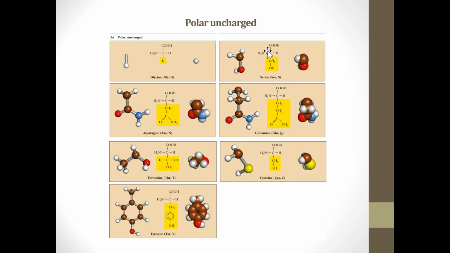Moving on to the polar uncharged category. We put glycine often in the polar uncharged category because it does have a net dipole, which is pretty pronounced. However, glycine's the oddball because the R group is simply a proton. This is why glycine is achiral.